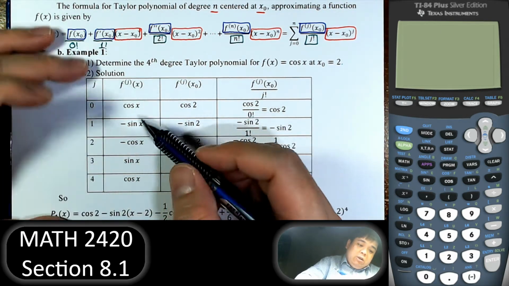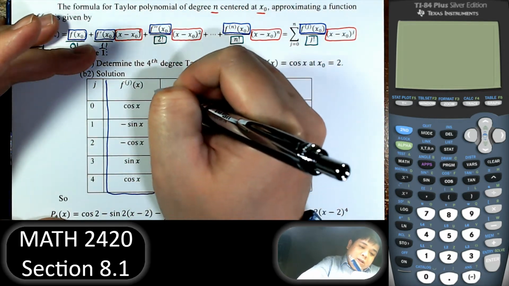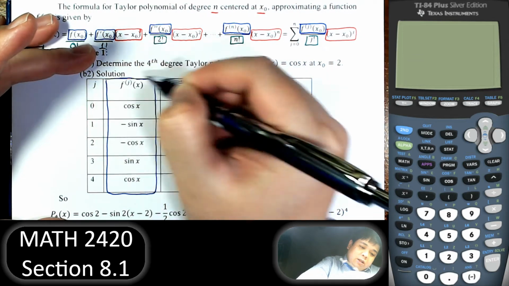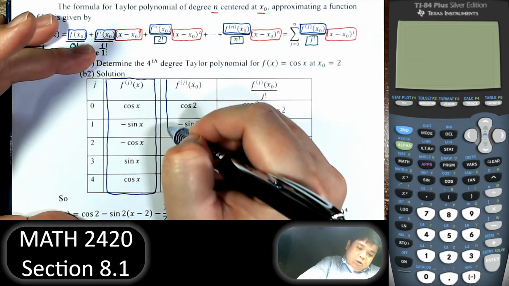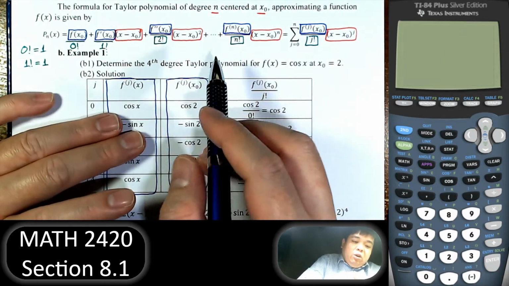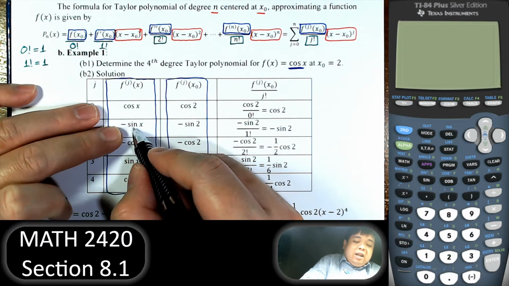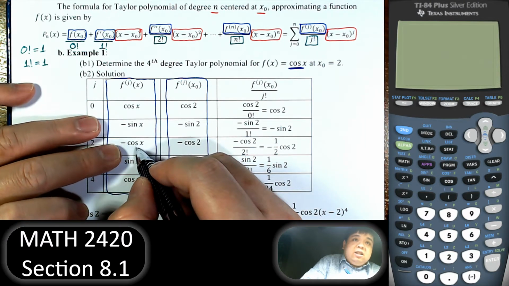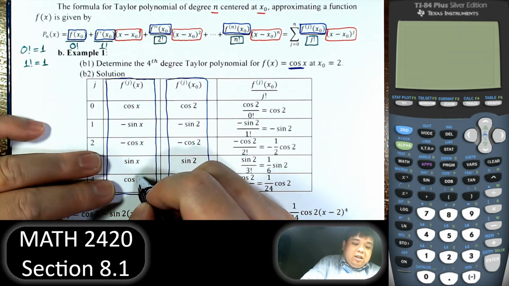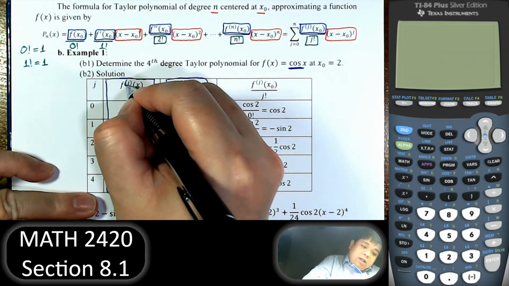So the first one, of course, is this column, and also this column. The function is cosine of x, so we start with cosine of x and take derivatives: negative sin x, negative cosine x, sin x, and cosine x. That is indicated by the derivative column.